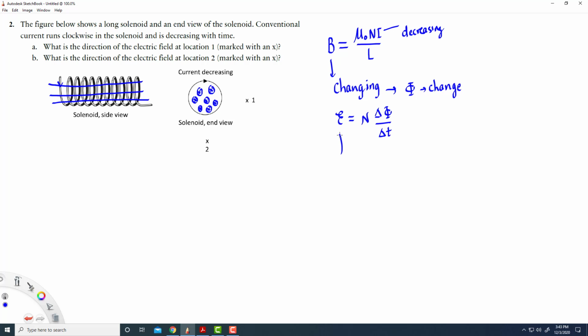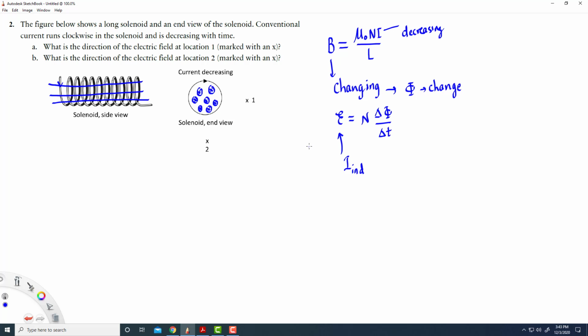and if there is E, then there is also I induced. Okay. So to induce I, we need a coil or some kind of wire, but we are finding the electric field at 1 and 2, and we don't have any wire at point 1 and 2. Okay.